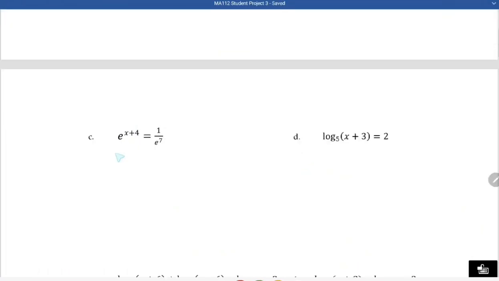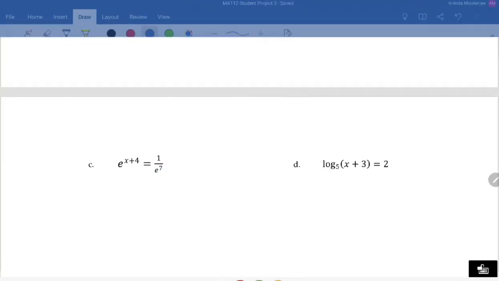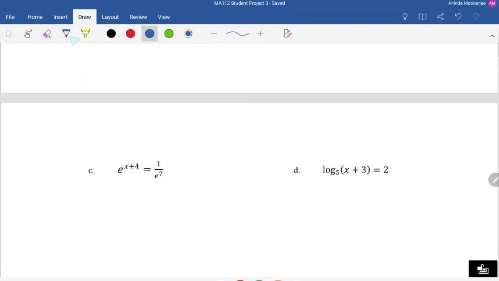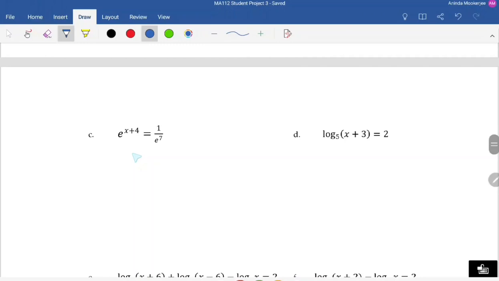For question number C, we have e raised to the power x plus 4 equals 1 divided by e to the 7th. Okay, so we already see there are exponents on both sides with the same base of e. However, we will just have to switch e to the 7th up to the numerator using the rules of exponents.